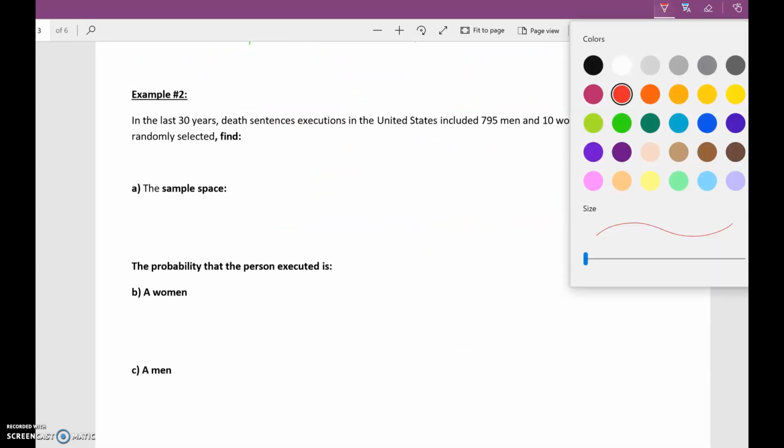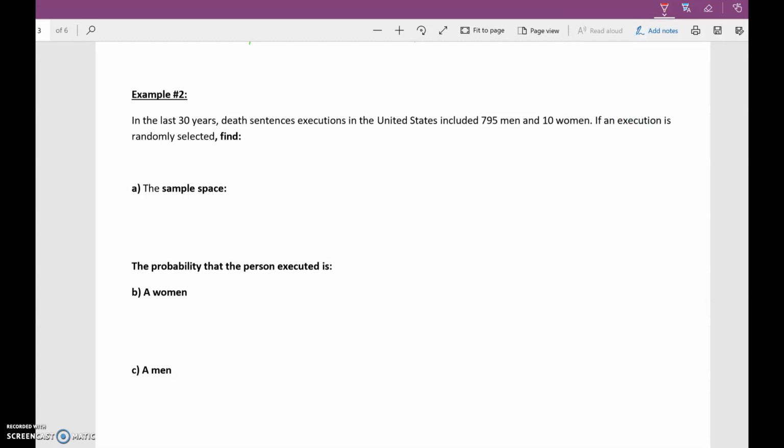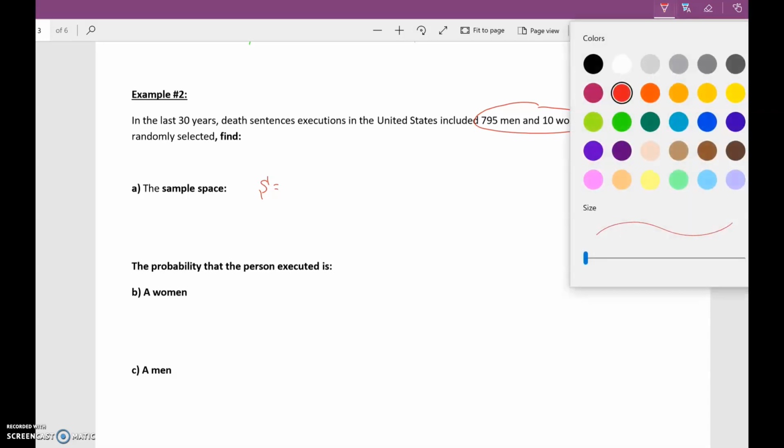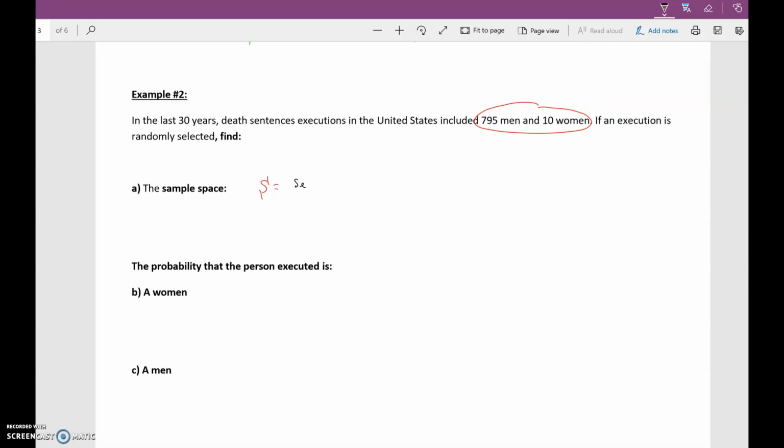In this scenario, you technically have executions. Now they want us to list the sample space. The sample space is all the occurrences of all the events. So in this case, S is equal to, I'll just rewrite it as sentences, but we're talking about death sentences, and this is equal to 795 plus the values of 10, so 805.